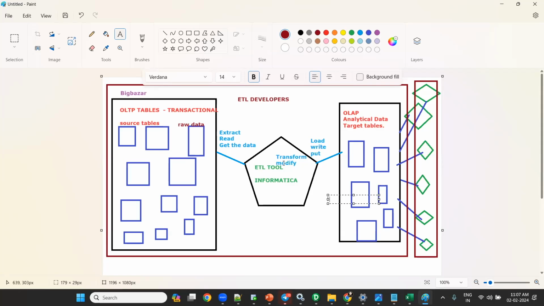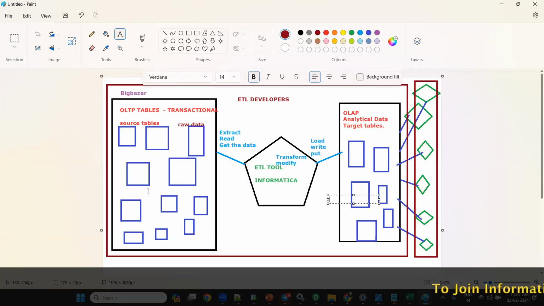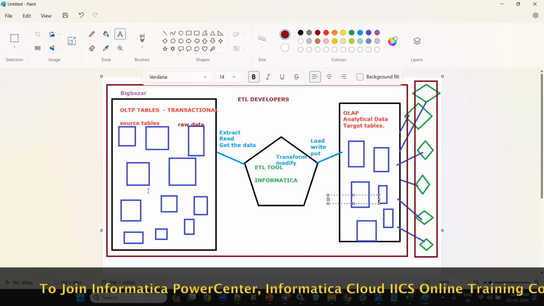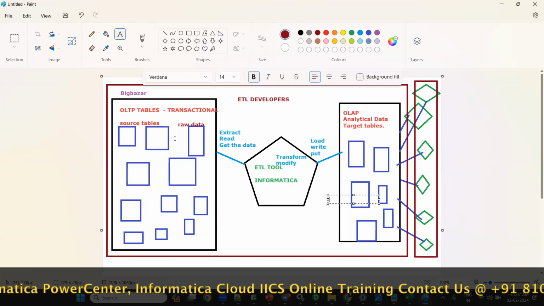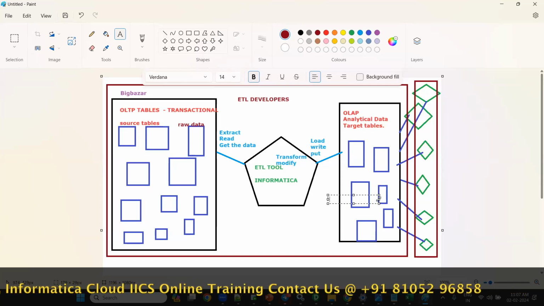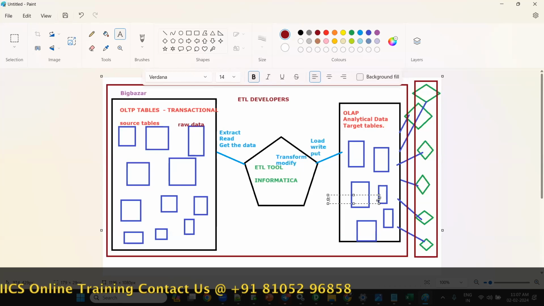To construct the building, they will hire labor to work on it to get a good shape. Software companies will hire ETL developers and they will construct the building. We will load the data to target tables. Then the interior people will come and do the interiors and paintings.